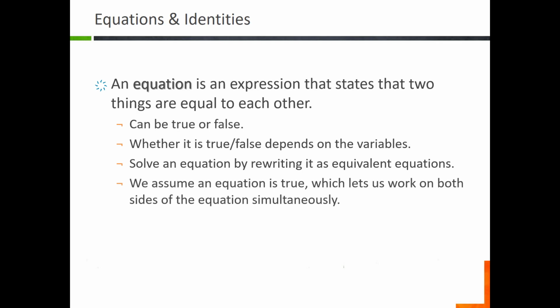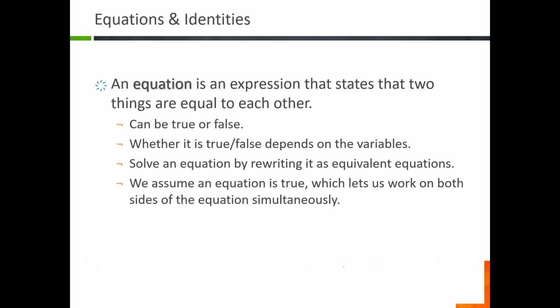When we solve an equation, we assume that it's actually true. That assumption allows us to do things to both sides of the equation. So having an equation that's true allows us to add 5 to both sides and have something that is still equivalent.